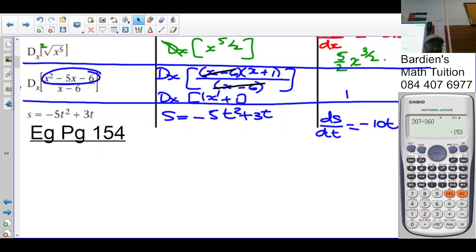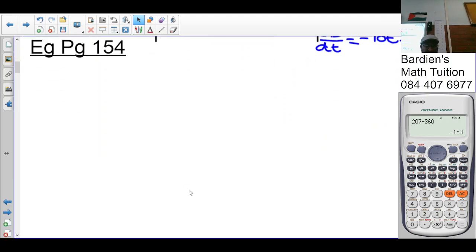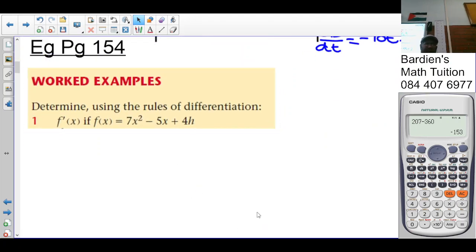Let's check on page 154, example 1. Determine using the rules of differentiation. What does that first sum read there? I don't think this is right like it is. Does it read f prime x equals f of x? f prime x, if f of x equals 7x squared minus 5x plus 4h, or is it just plus 4?